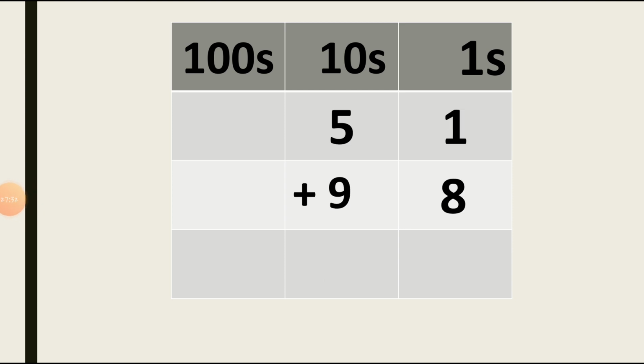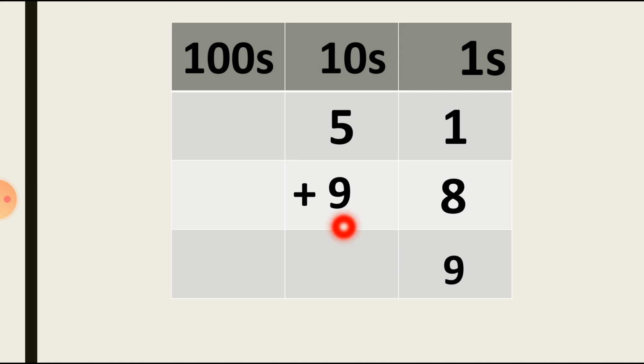Next sum, which is 1 plus 8. So students, in the ones place, which is at the right side, 1 plus 8 is equal to 9. So we can write down number 9 under the ones column. Let's move to the tens column now.